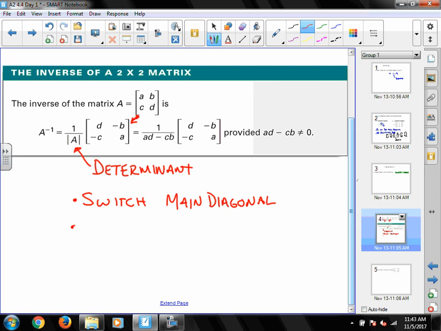So it doesn't mean that B is always going to be a negative. If I put a negative number in there, it becomes a positive. Change signs on B and C.